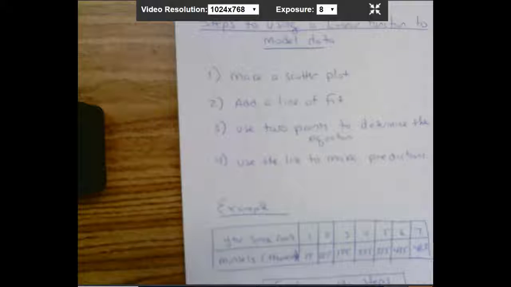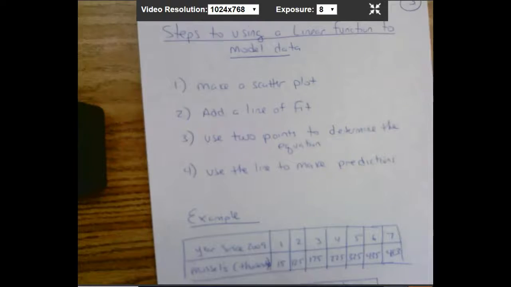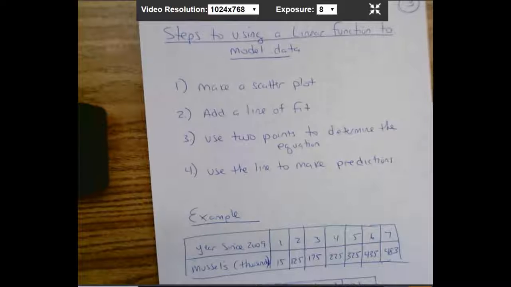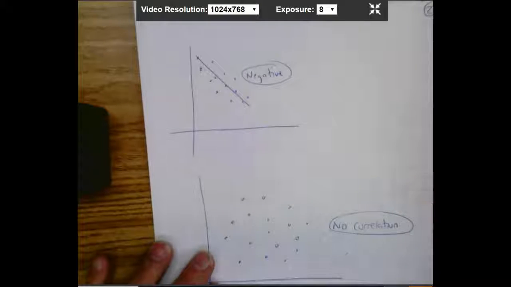But what we can do is use those lines of fit to determine a linear function, okay, from a scatter plot. And the steps to do that is we just make our scatter plot, put all the data sets in. We don't worry about a line yet, but then we add the line of fit. So if we had this kind of data right here, it's negative, we could see it's coming down.